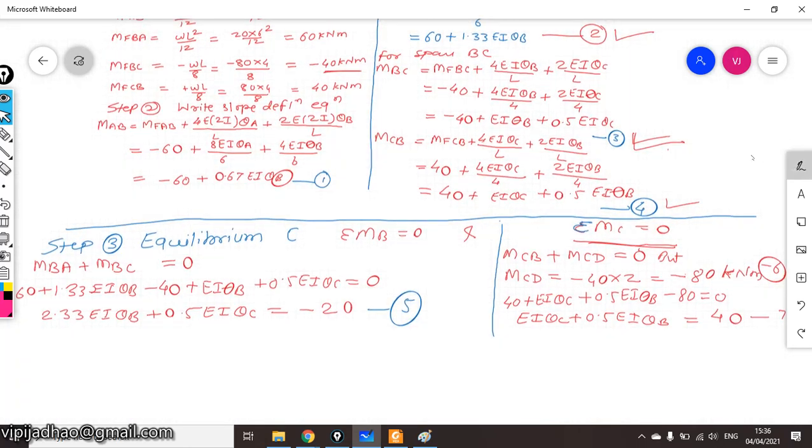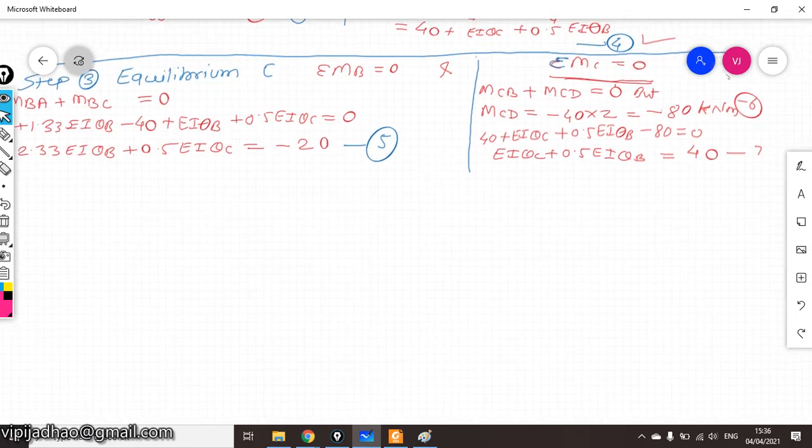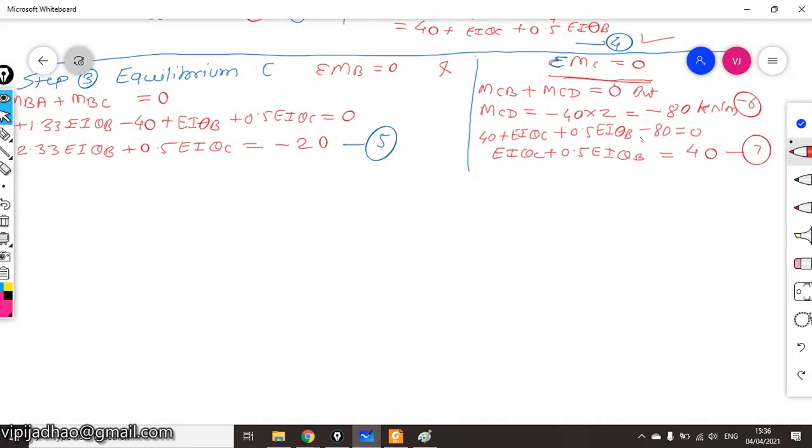So we have got two simultaneous equations, that is equation number 5 and equation number 7. Just solve this in your calculator. You know how to solve this in the calculator. You can use the equation command, or you can also use plus minus.